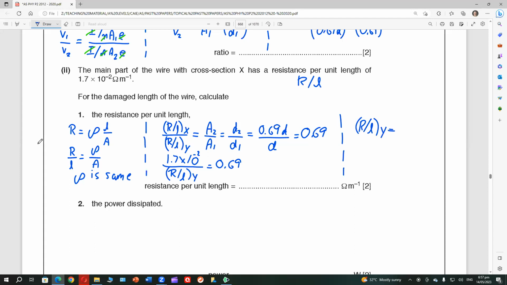We need a complete bracket of R upon L. It is coming as 0.024, 0.0246. So almost 0.025.